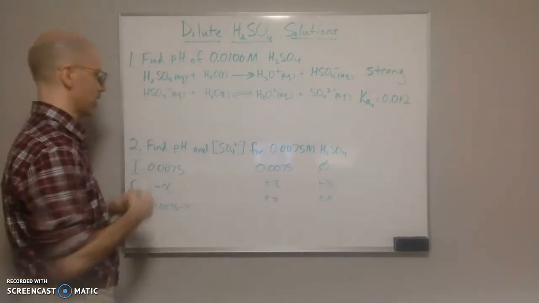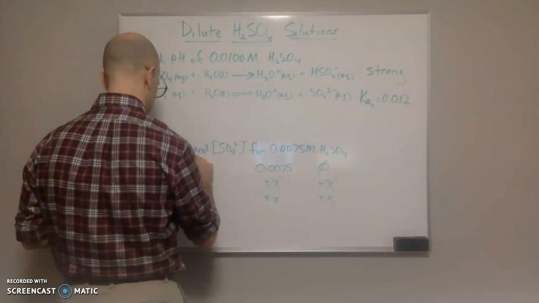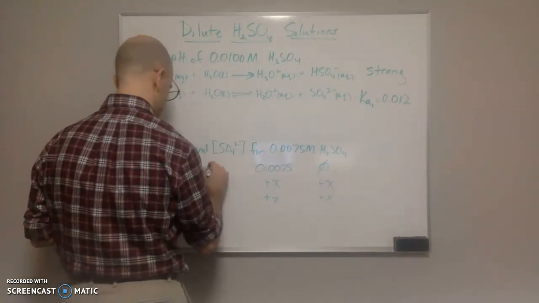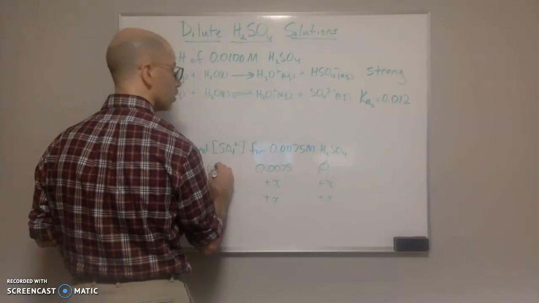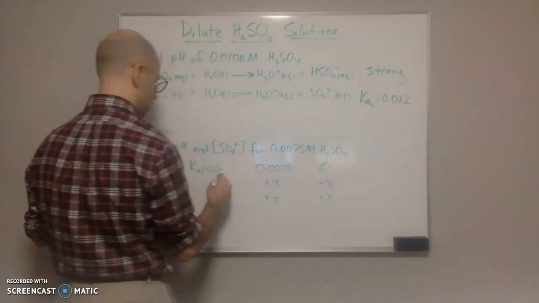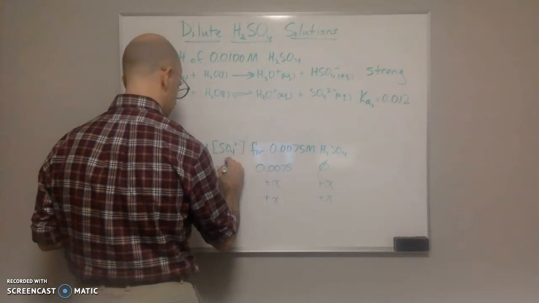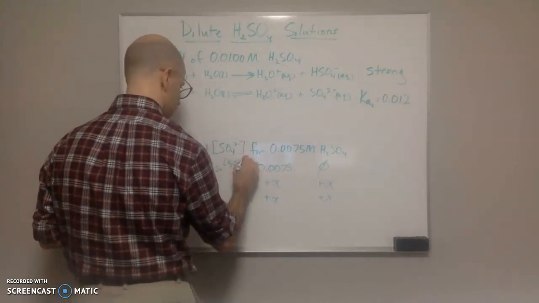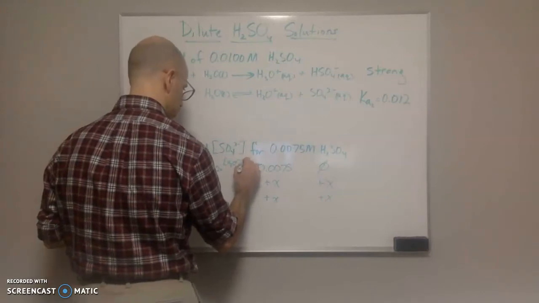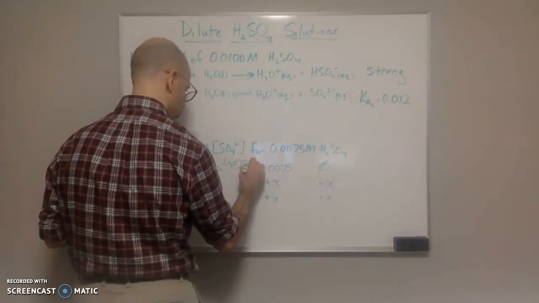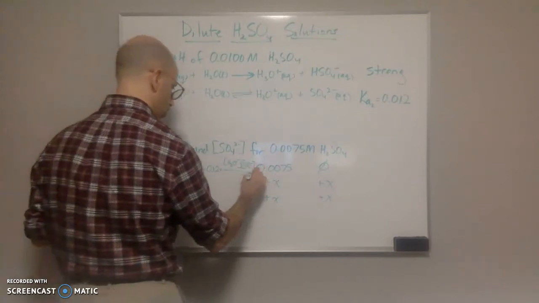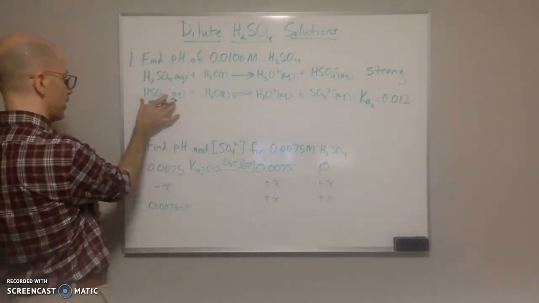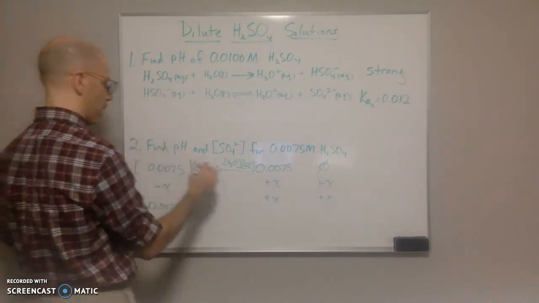All right, now we have our equilibrium expressions, so we can set up our Ka value. Ka2 is again equal to 0.012, which is equal to the concentration of H3O plus multiplied by the concentration of SO4 2 minus, all over the concentration of HSO4 minus.